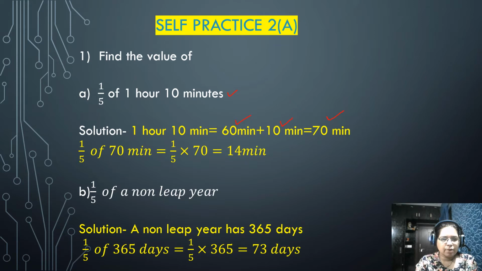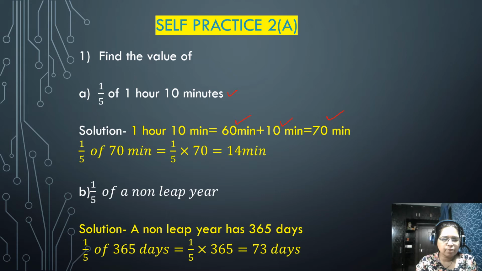Then we have to find the value of 1 by 5 of 1 hour 10 minutes, which is 1 by 5 of 70 minutes. Of means multiplication.